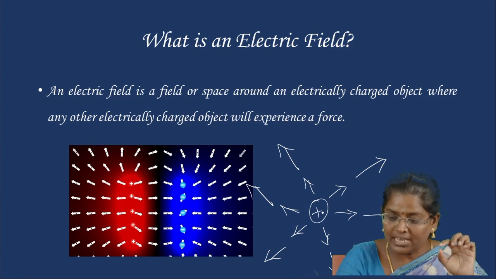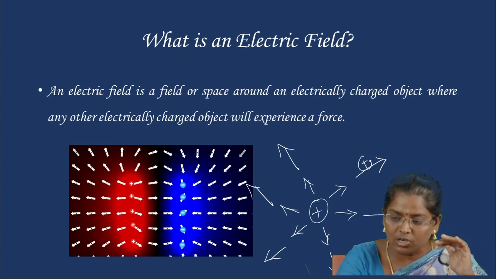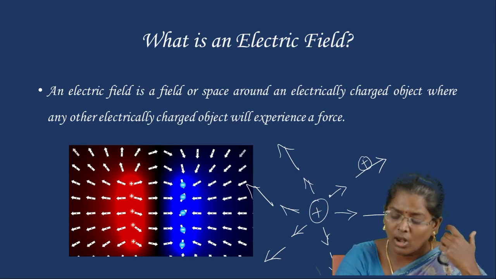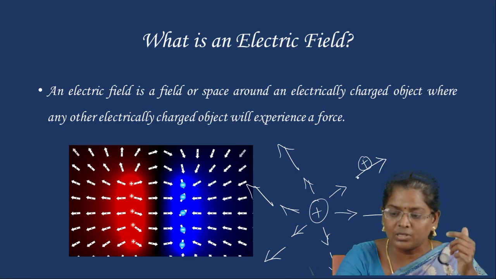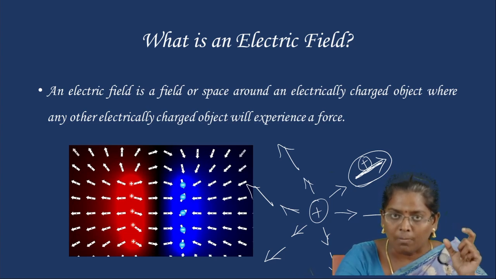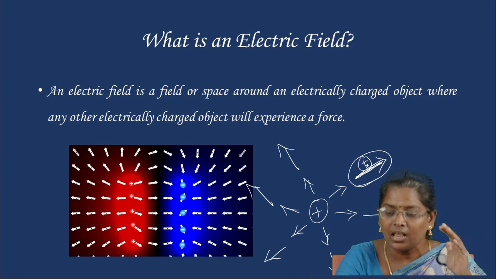When we place a positive charge, the field lines are directed outward from the object. When you place another positive test charge at a point, the source charge will push away the test charge with a magnitude represented by this line and in this direction. This arrow represents both the magnitude and the direction of the force that the test positive charge will experience.